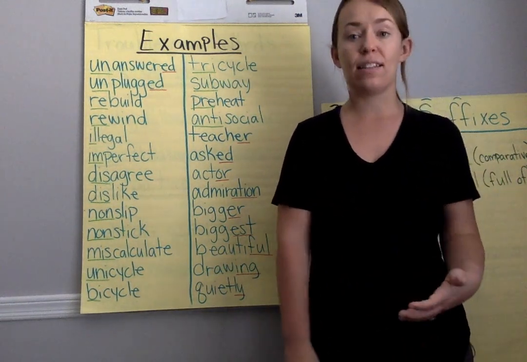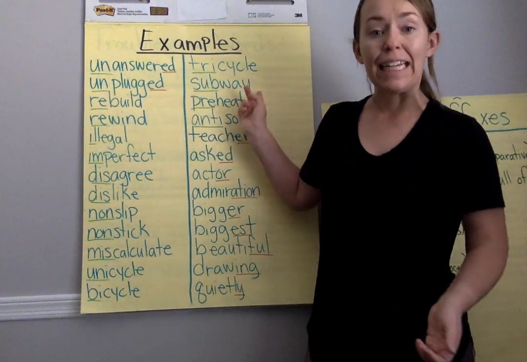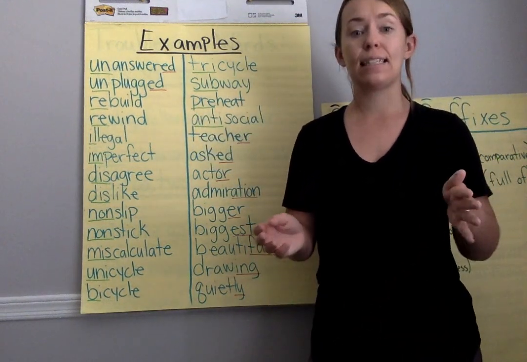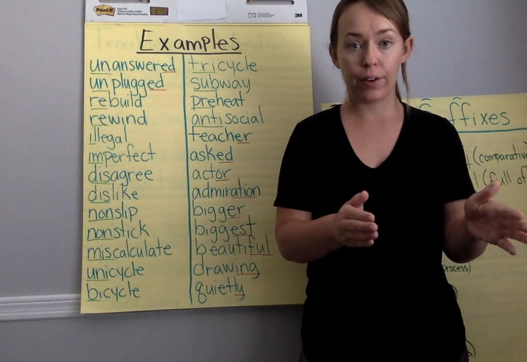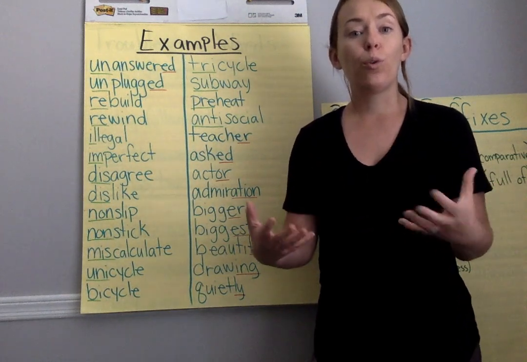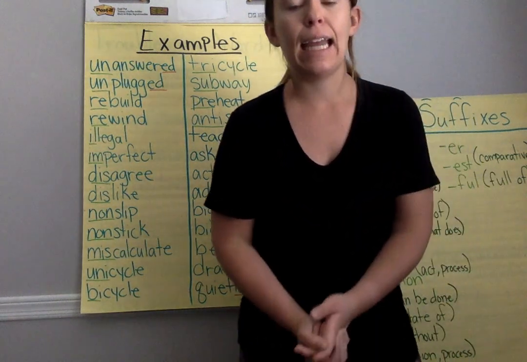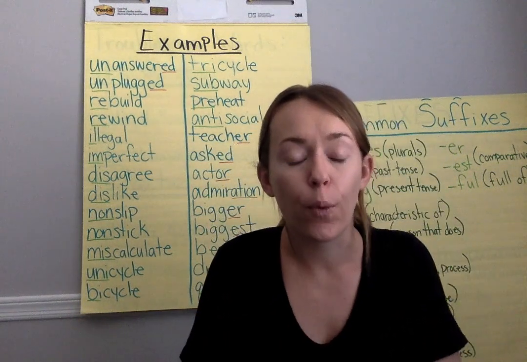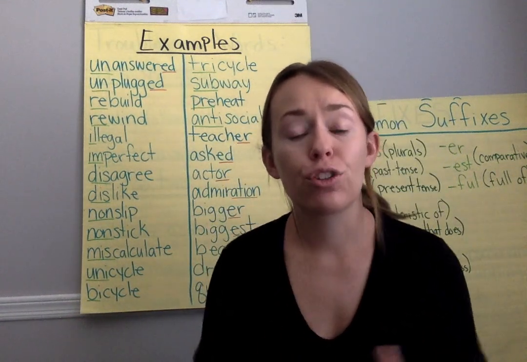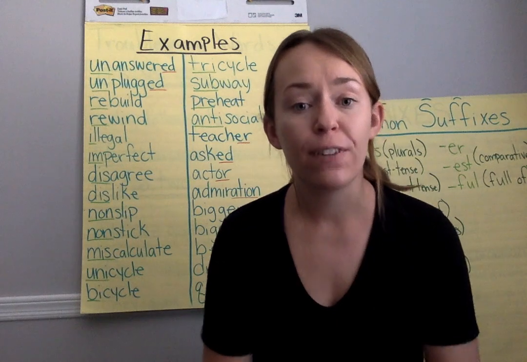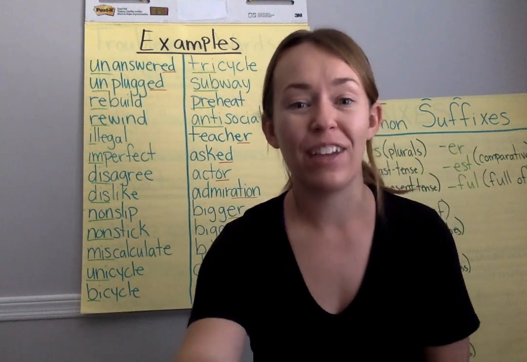If I asked you to write the definition of preheat, you would just need to say heat before, okay? So go on to Edulastic and complete your assignments for today. Make sure you are referencing the videos, reference your notes, and let us know if you have any questions, okay?